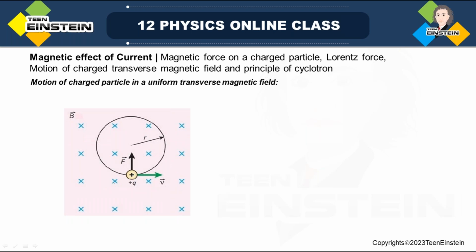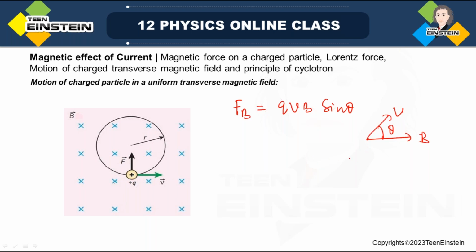Now here we will see, we have the magnitude of the force, qvB sine theta. This theta is actually the angle between the velocity vector and the magnetic field vector. Now in this case, the magnetic field is into the plane of the paper, and the velocity is in the plane of the paper.